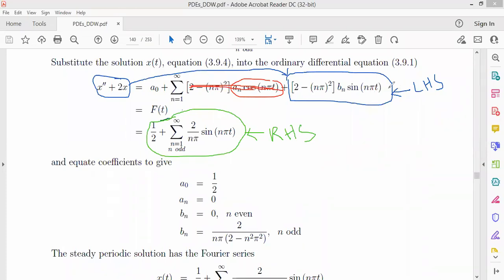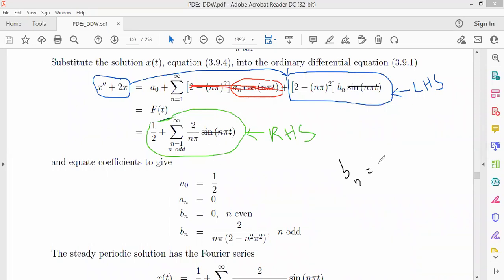So if you look at the left-hand side, I'm going to make my bn, but now this is sine n pi t. So if you take out the sine n pi t, guys, you need to be attentive here. I cross out this and I cross out that. I'm comparing the coefficients of sine n pi t, sine n pi t. So I remain with this term, which is 2 minus n pi, the whole thing squared, bn. I'm interested in the bn alone. What do I have this way?